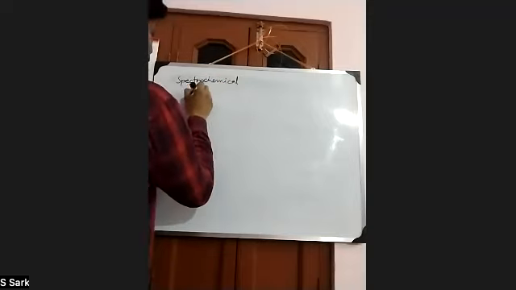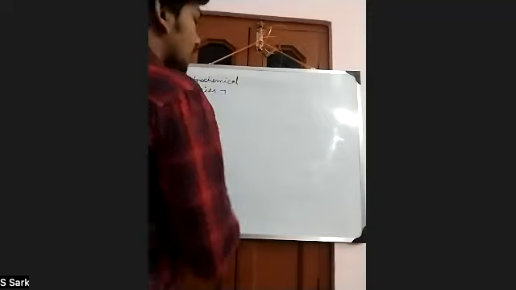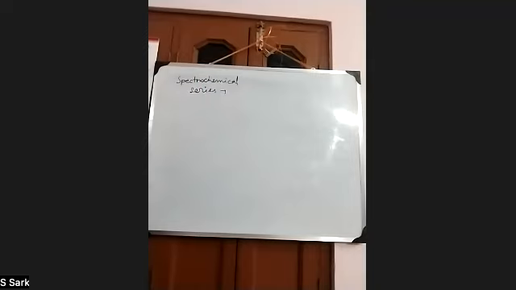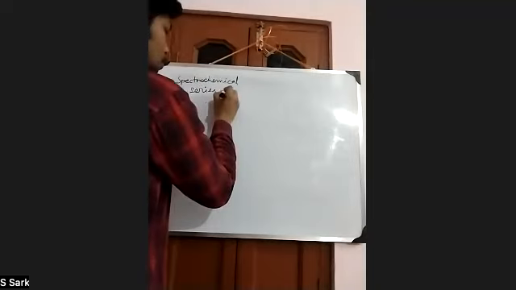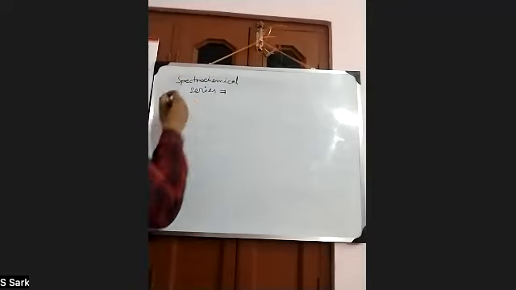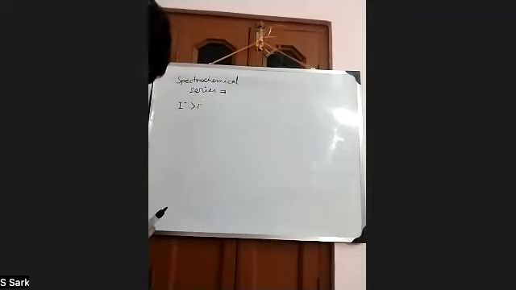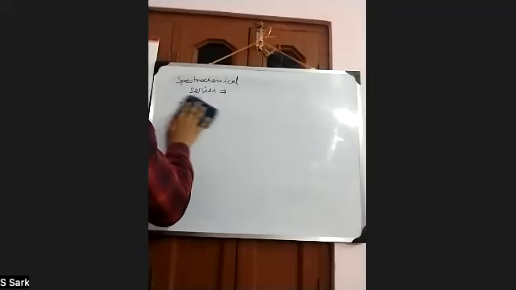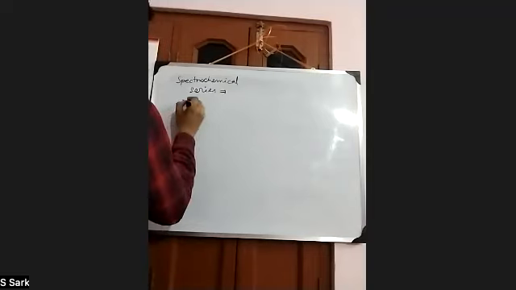So, the spectrochemical series contains a series of groups which shows the strength of the ligand. So, firstly, we will see what the actual series is which shows the strength of ligands.